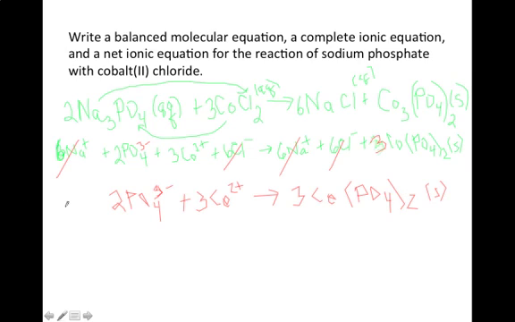Okay, so that is what's called the net ionic equation.